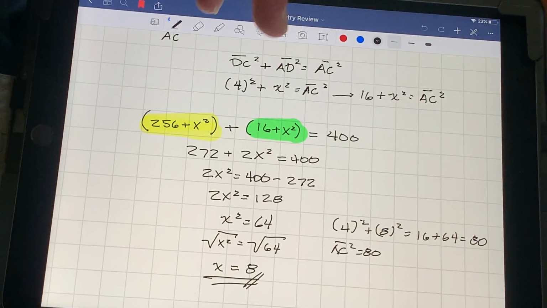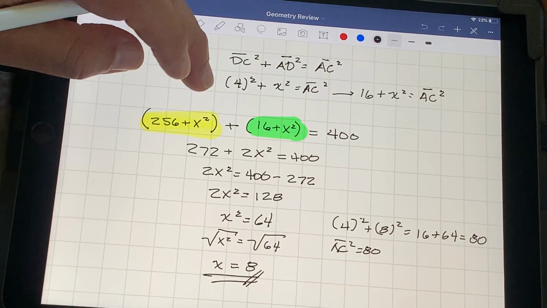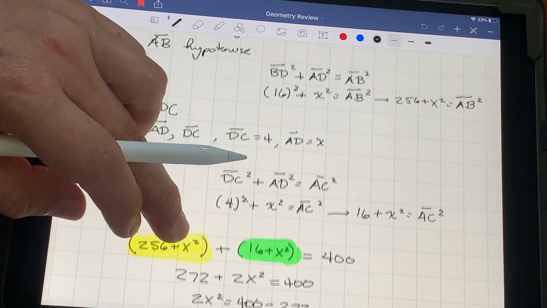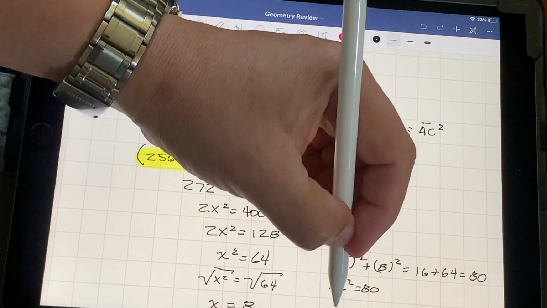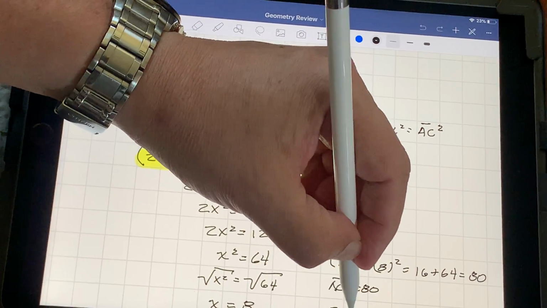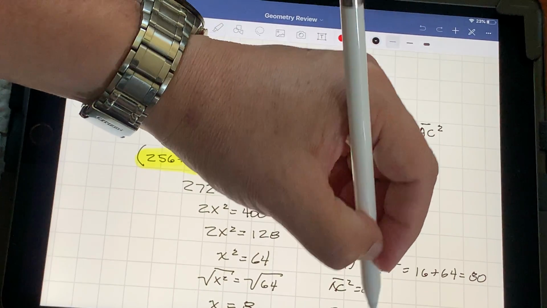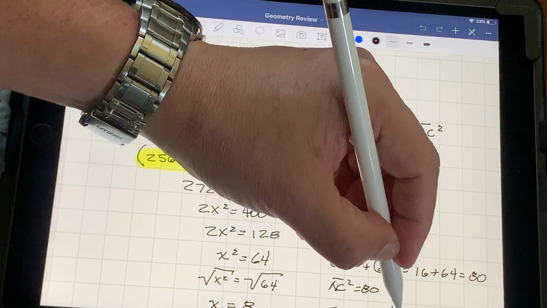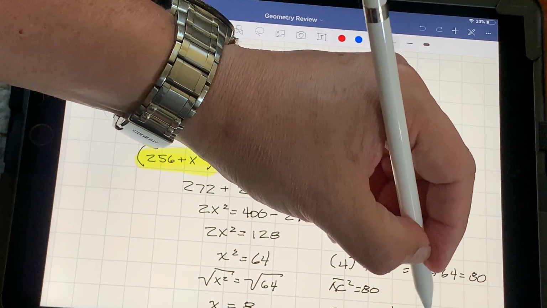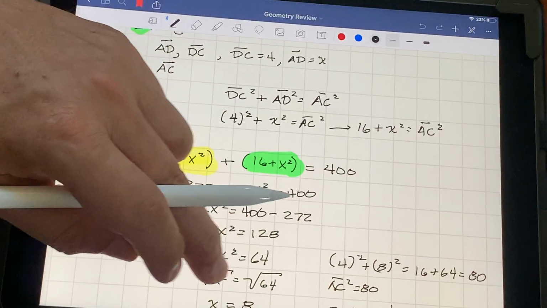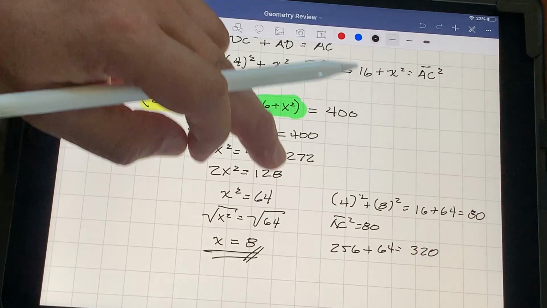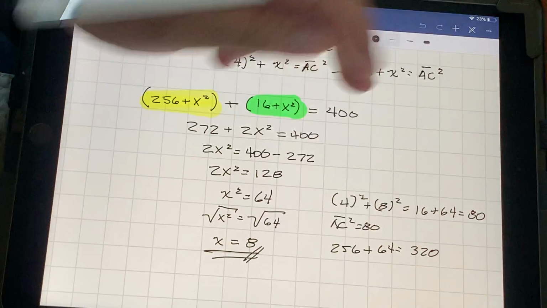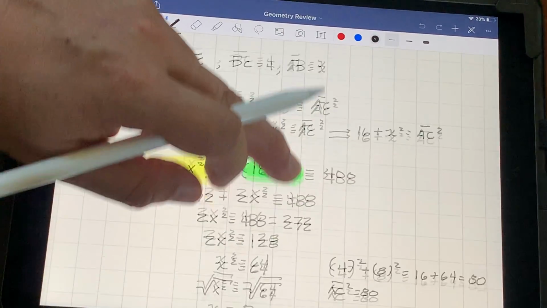And then if I take 256, which is 16 squared, plus 64, that gives me 320. And 320 would be AB squared.